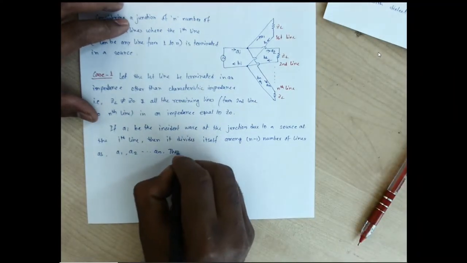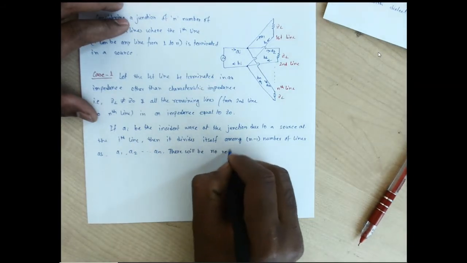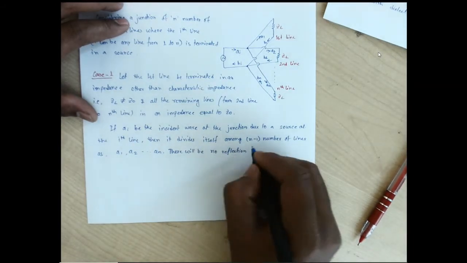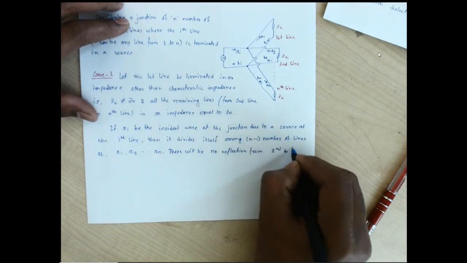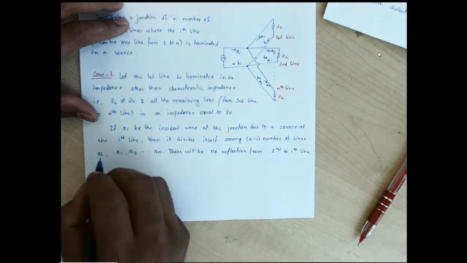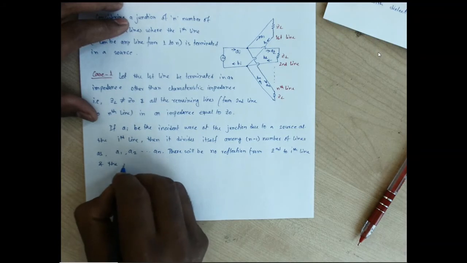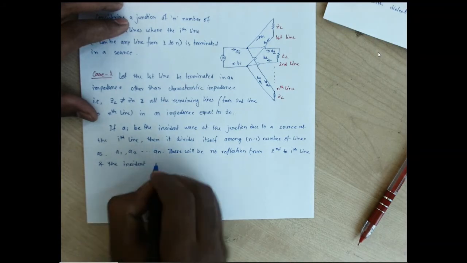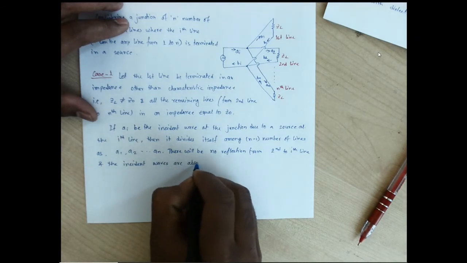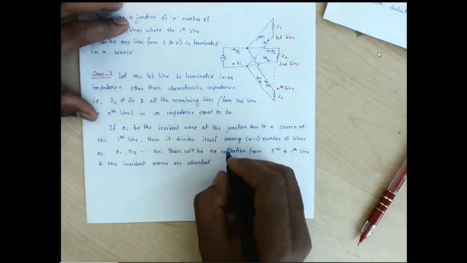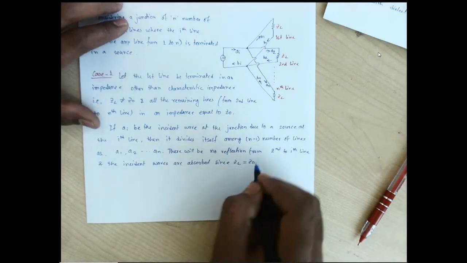There will be no reflection from the second to the nth line, and the incident waves are absorbed since ZL is equal to Z0.